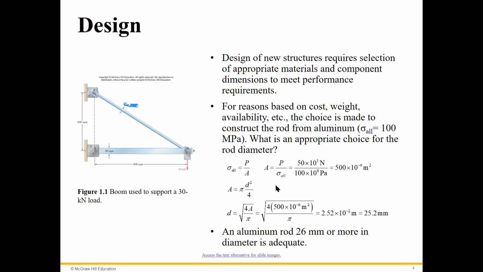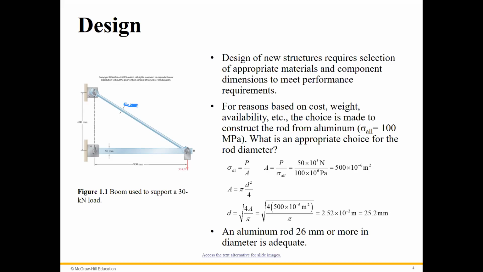In the design problem, we don't know the cross section and we want to find the cross section, right? So we know the cross section could be a circle, then we need to find the diameter. It depends on the type of the application, right?